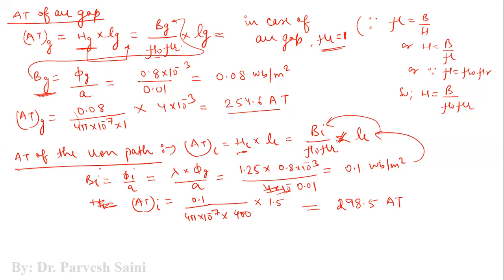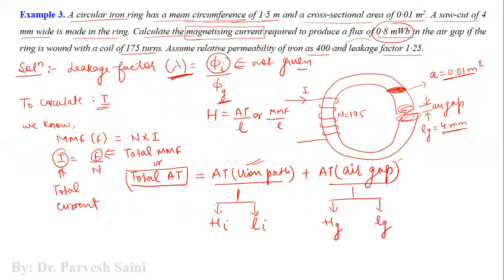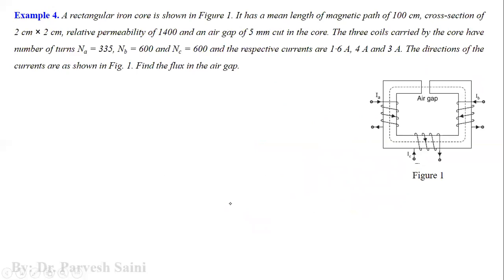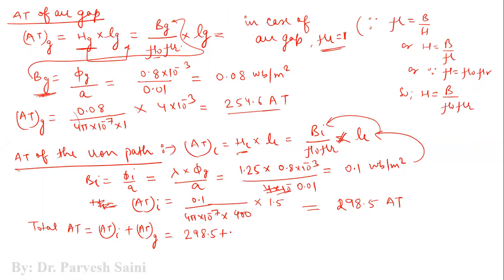Now as we have obtained the ampere turns of the iron and the ampere turns of the air gap, we can calculate the total ampere turns. The total ampere turns is equal to ATI plus ATG, which is 298.5 plus 254.6.